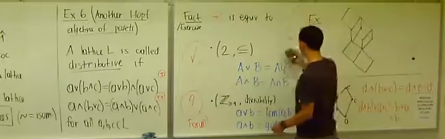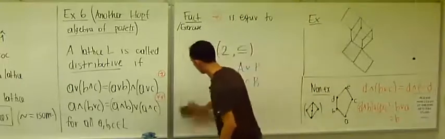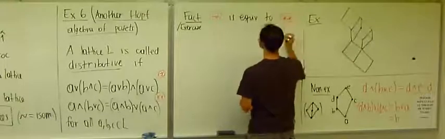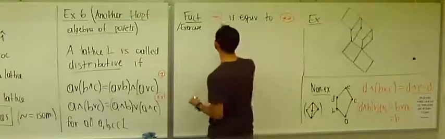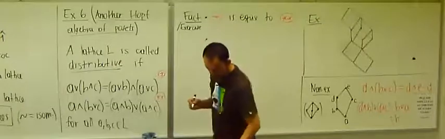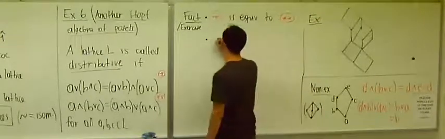Okay, so some more easy facts about this. This was the first fact, that you just have to check one of these properties and you have the other one. Again, you might be able to guess what my next facts are going to be.